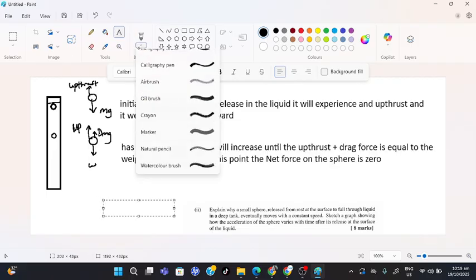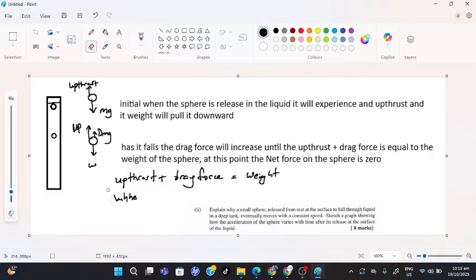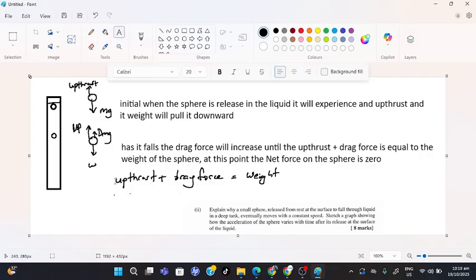So what we're going to have is your upthrust plus your drag force equal to the weight. And then we're going to use our terms.